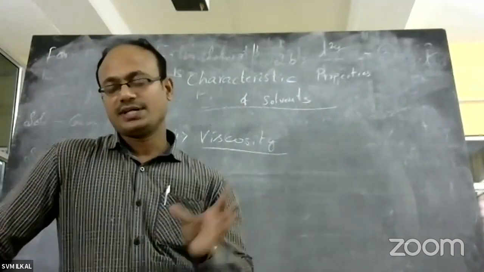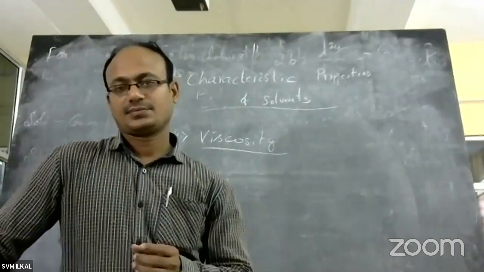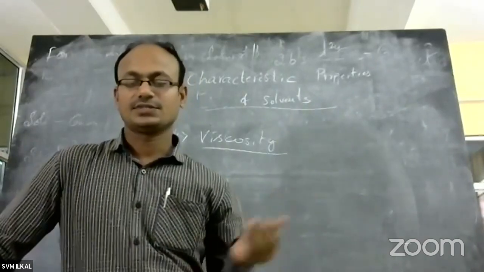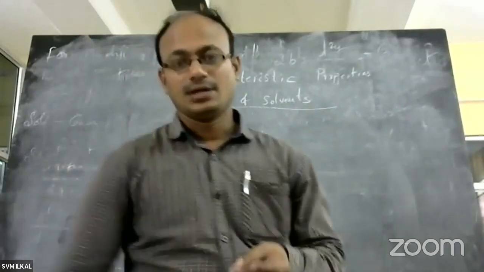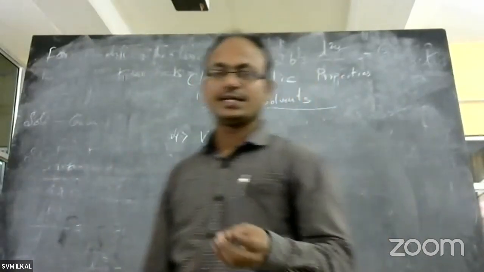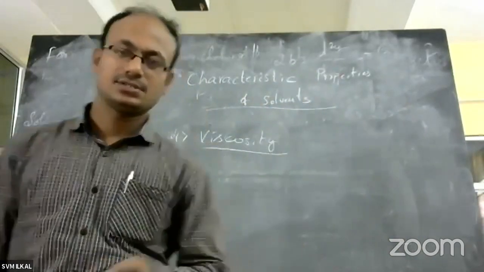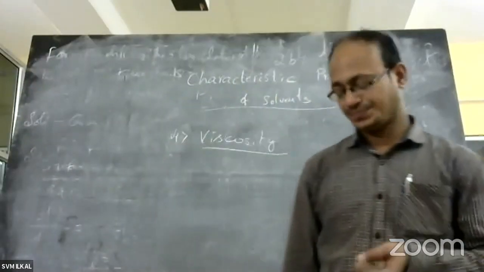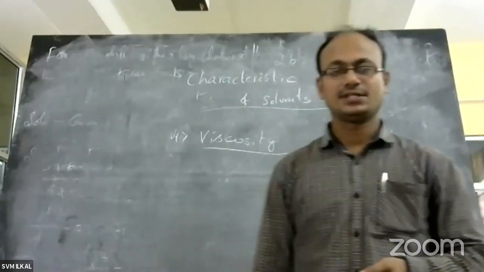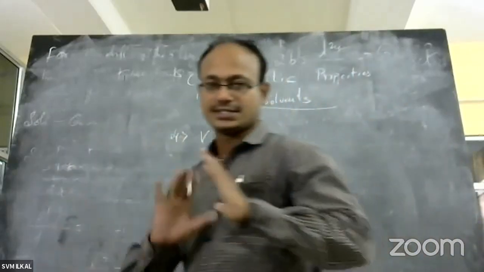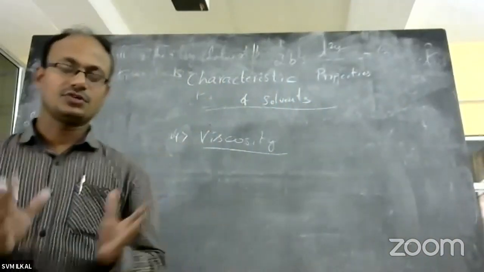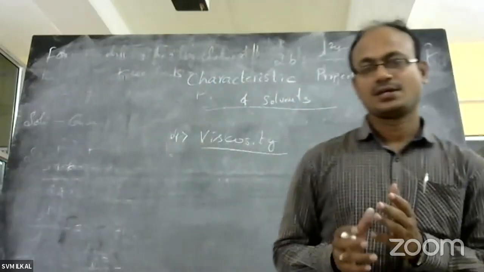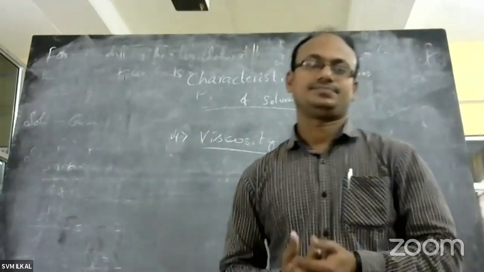Once you understand the characteristic features of the solvent, that is, boiling or melting point, then latent heat of fusion and vaporization, then the dielectric constant, and finally viscosity, another thing comes, that is liquid ammonia.